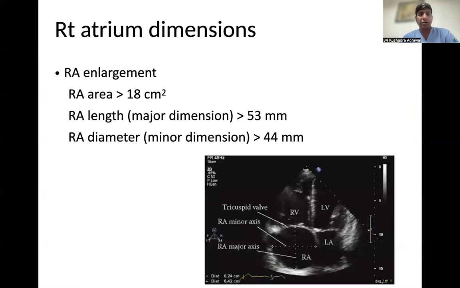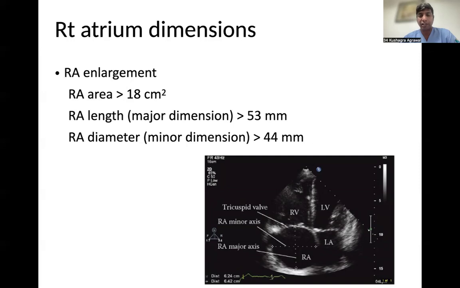Now coming to the RA dilatation or RA dimensions. When we measure this length, basically RA is a cuboidal shape, this length is the major axis. Major axis should not be more than 53 mm, while the minor axis should not be more than 44 mm.